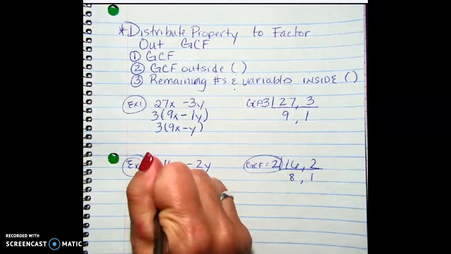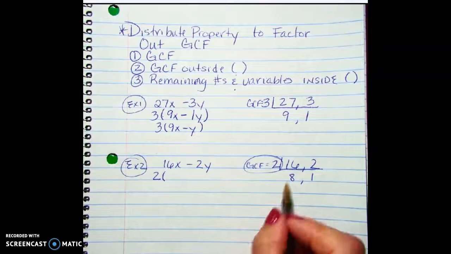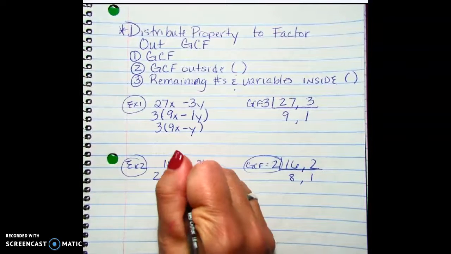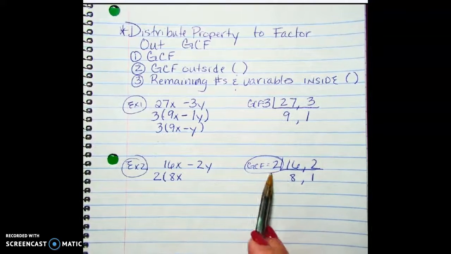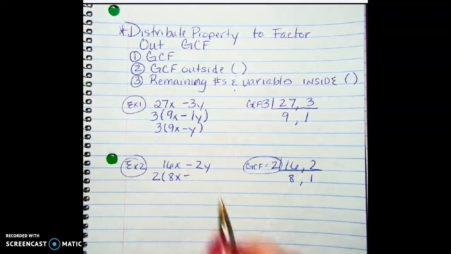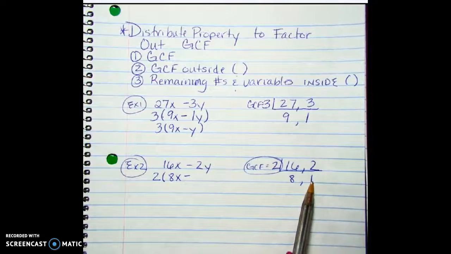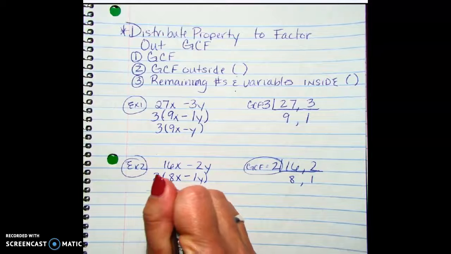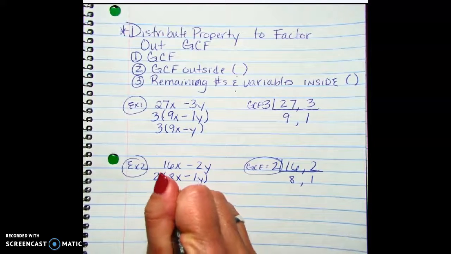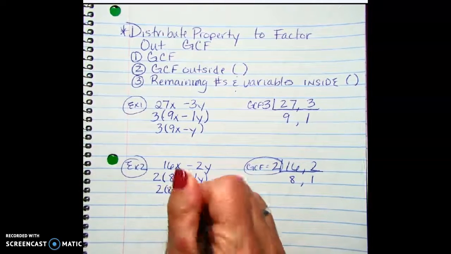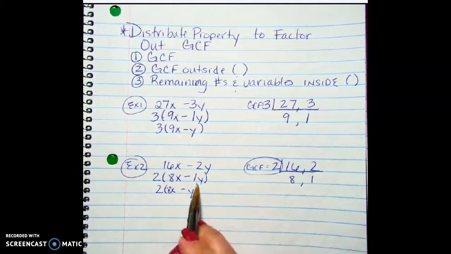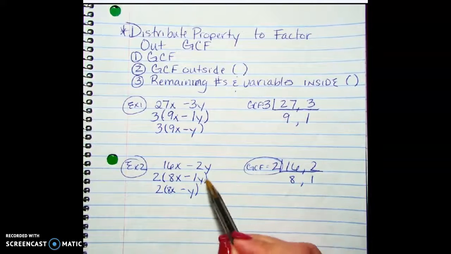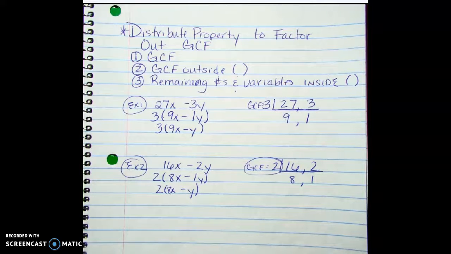So I write 2, parentheses, and then I have 8, put my x in, and then I have minus again, and what's left over? It is 1y, and then I can just rewrite this as 2 parentheses 8x minus y, because 1y is equal to y. Either one of these is correct. And there you have it.